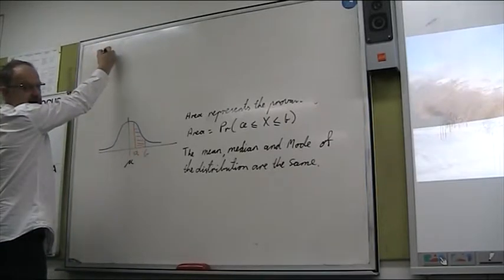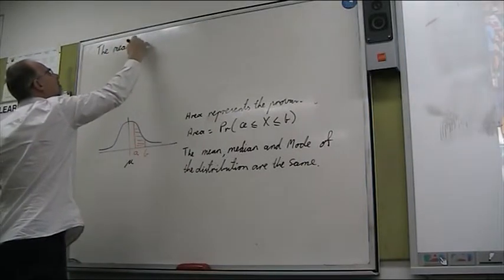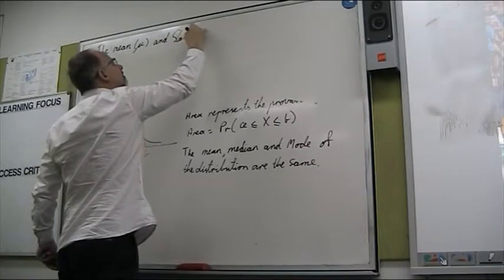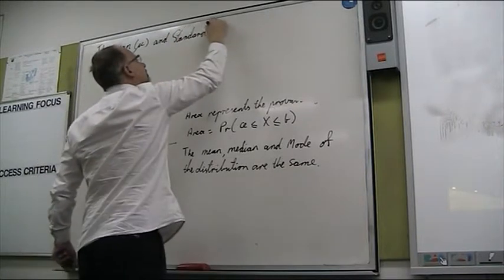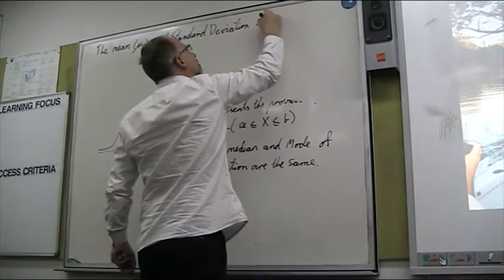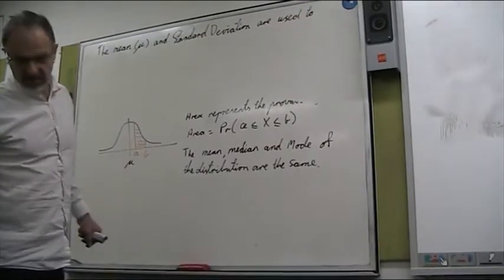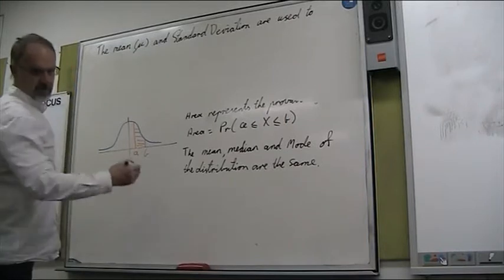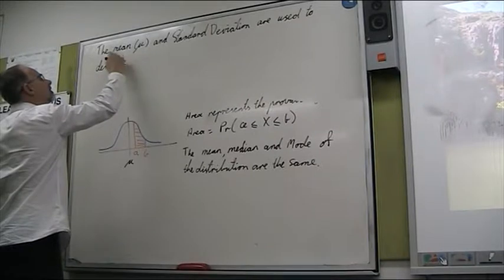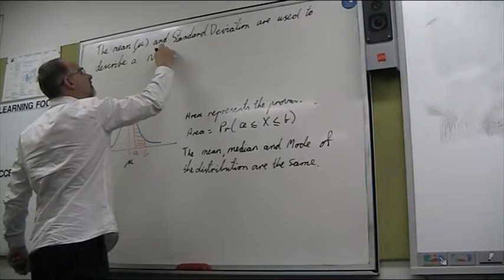Alright, so the mean and standard deviation are used to describe a particular normal distribution.